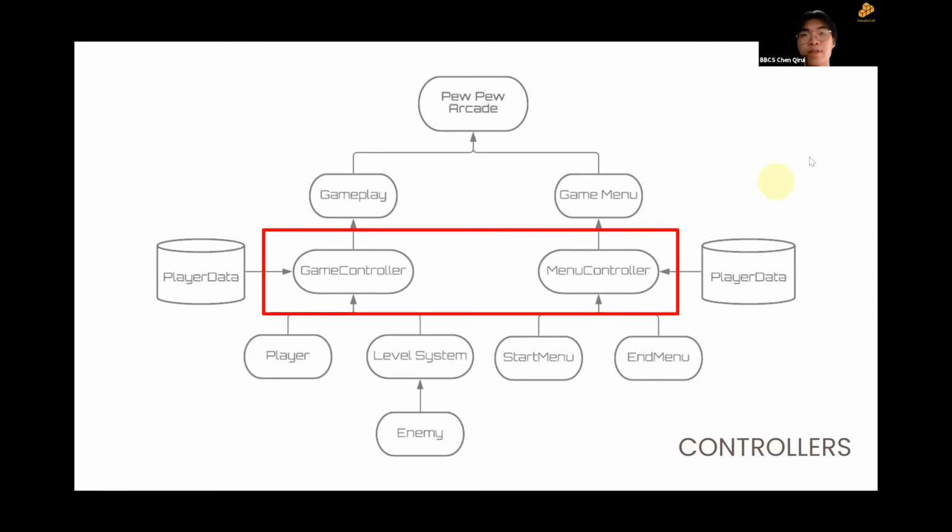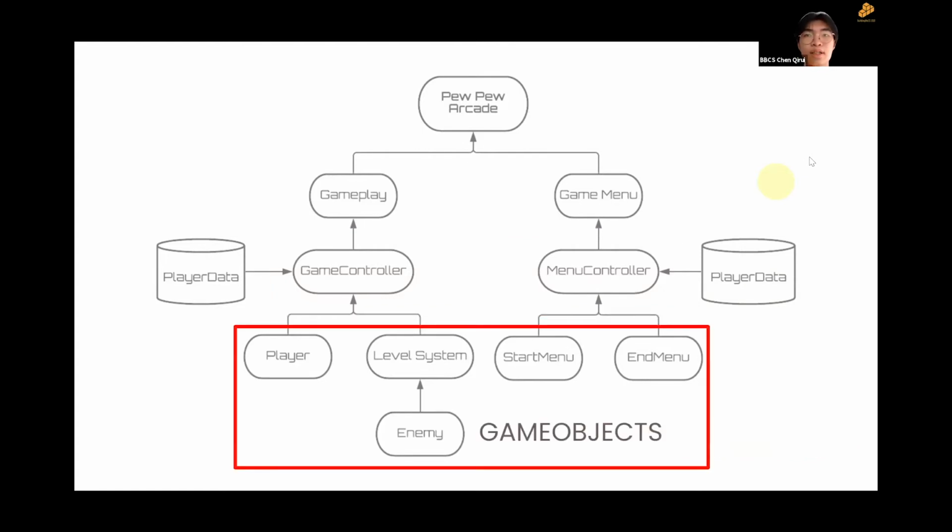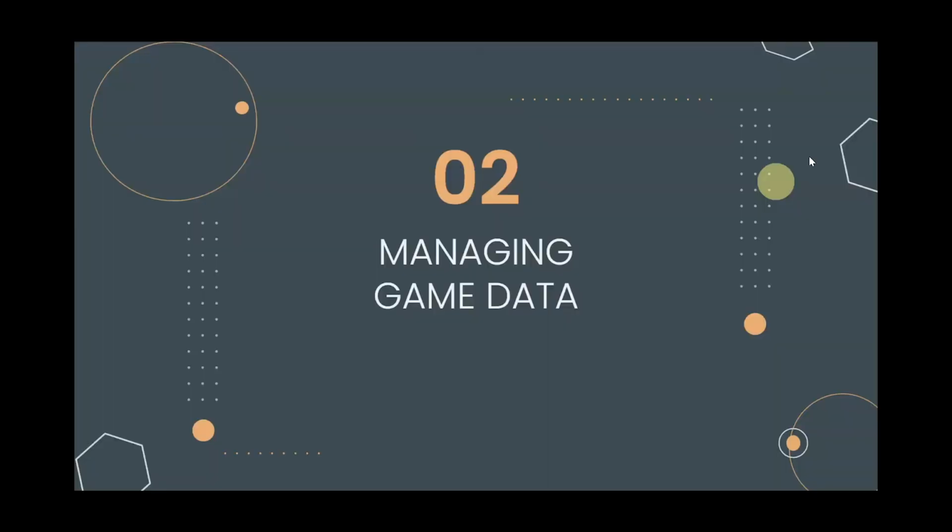The menu controller toggles different menus, the start menu and the end menu, and also transitions back to the gameplay. Then all of this is connected to the game objects, which are being controlled by the controller to accomplish some kind of effects.